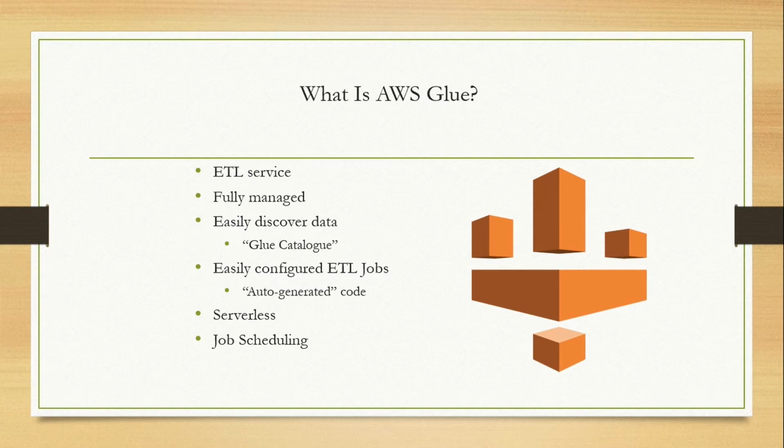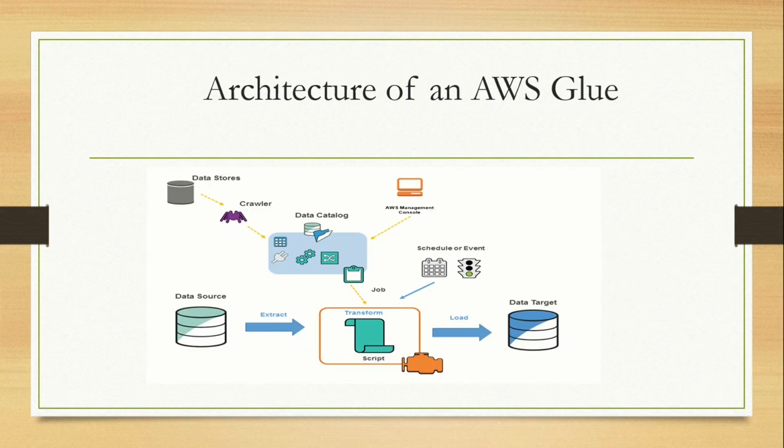Job scheduling. Job scheduling is done by different tools, and you can use AWS Step Functions as a service which can execute the Glue jobs periodically. Let's go into the architecture of AWS Glue. You can connect to different data sources, which means through the Glue catalog, you can use the Glue crawler, which will connect to a data source and bring the data into any of the services.